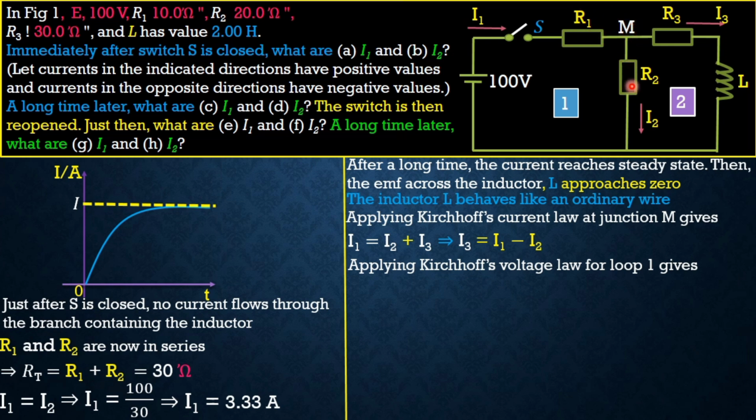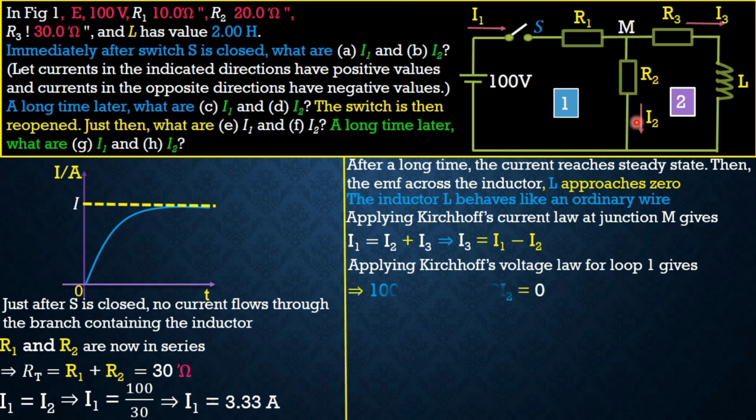I enter this direction. I am now going where? With the flow of I2, in the same direction as the flow of I2. That therefore means I'm going to have a potential drop, which takes a negative sign.